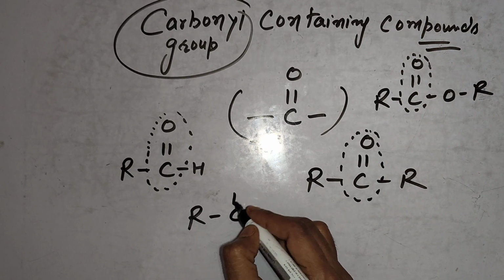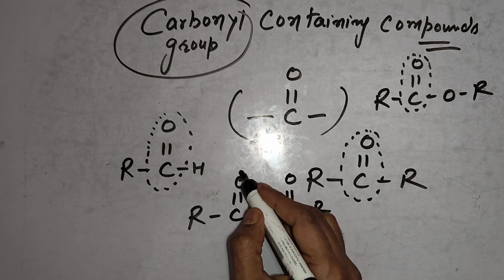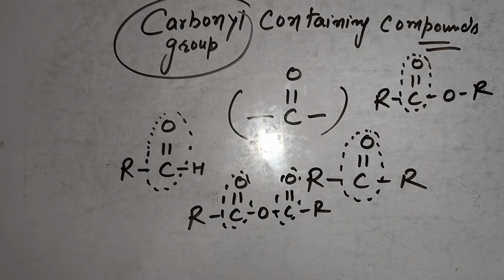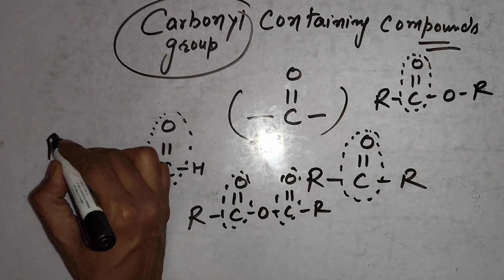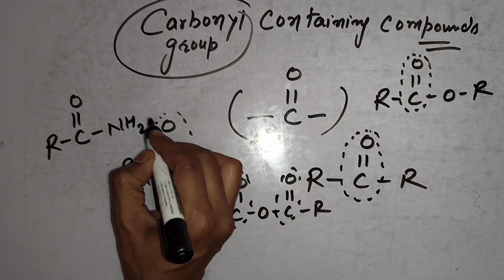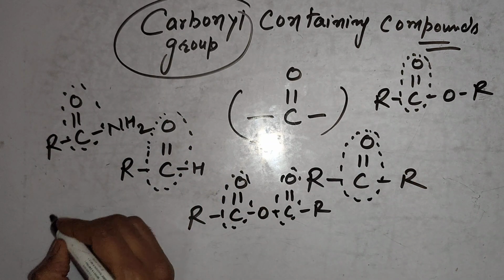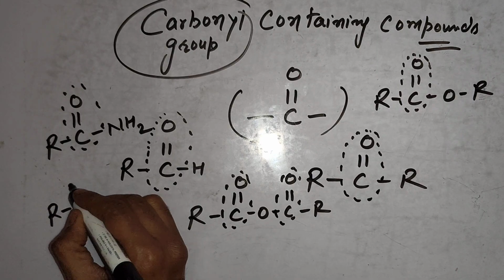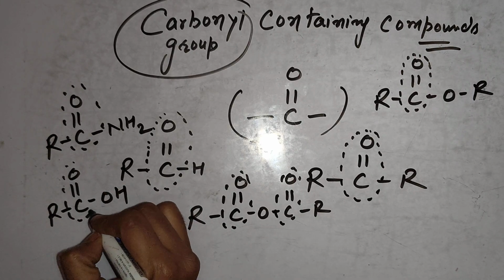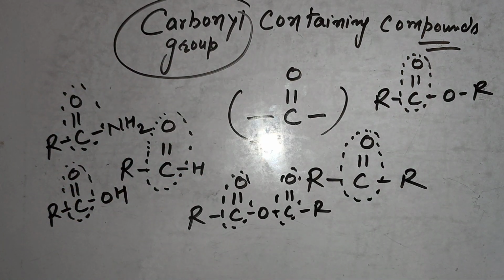Anhydrides. Two carbonyl groups are there. Amides. Carbonyl group is there. Carboxylic acid. Carbonyl group is there. So these are carbonyl group containing compounds.